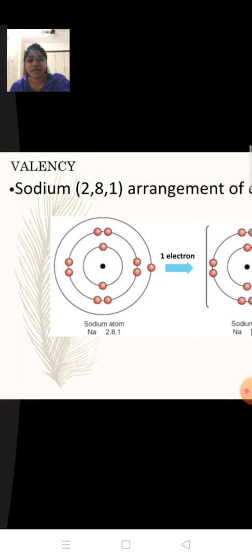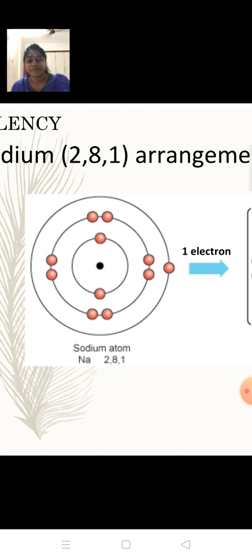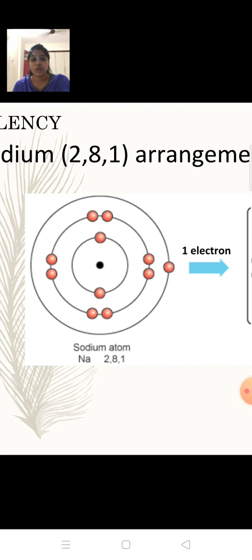Now in sodium, the electrons are arranged as 2, 8, 1. You will learn in detail in the 4th chapter what the rules are behind the arrangement of electrons. Now this is an atom of sodium.